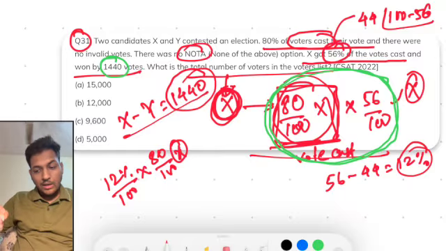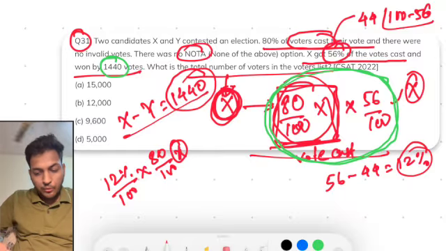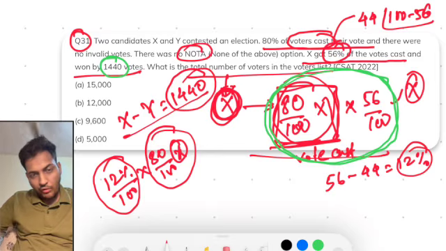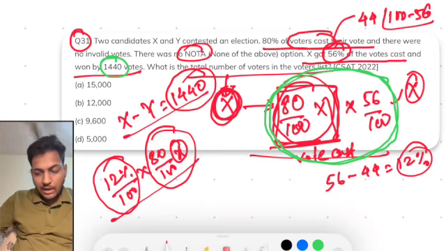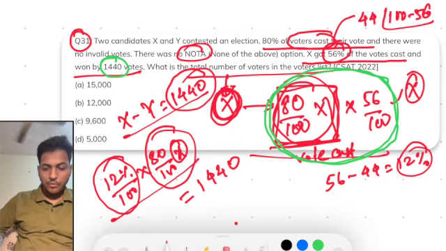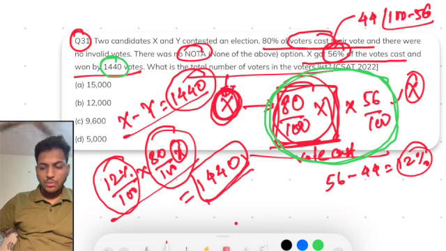I am repeating, see, the reference is changing. For 12% the reference is vote cast. For 80% the reference is total number of voters. That's why we multiply like this, and this we can equate to 1440.